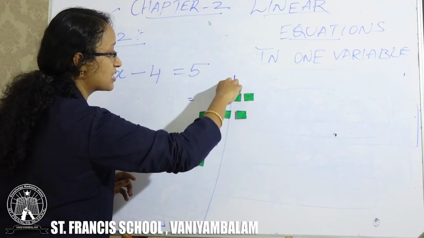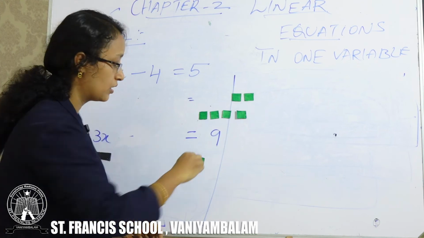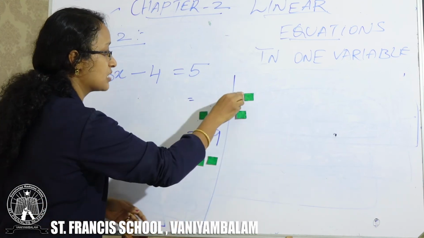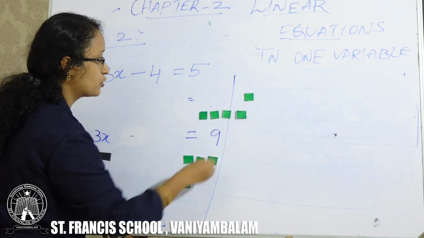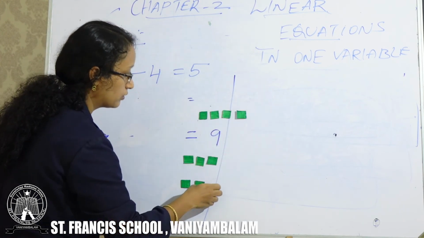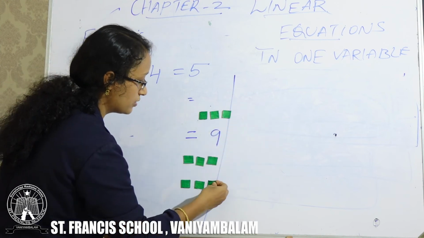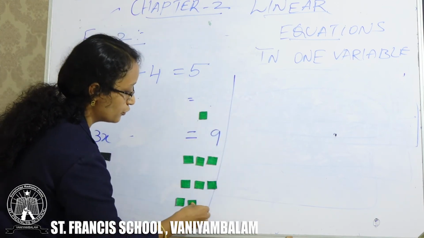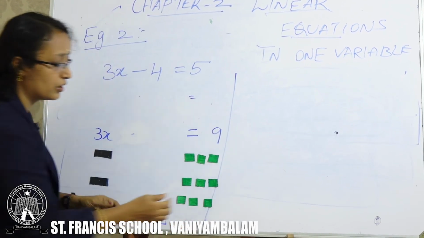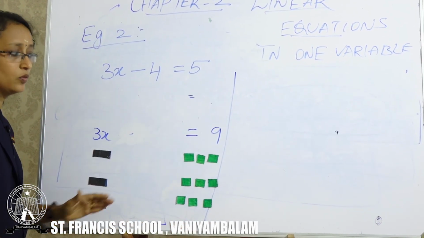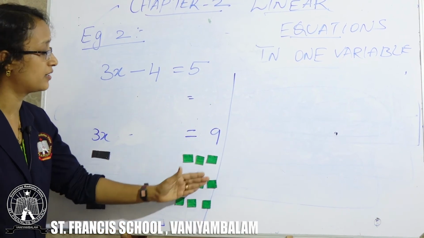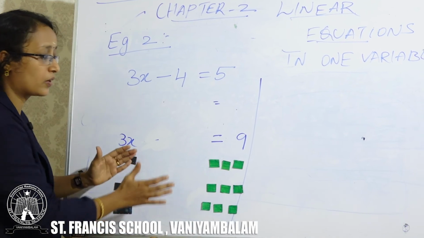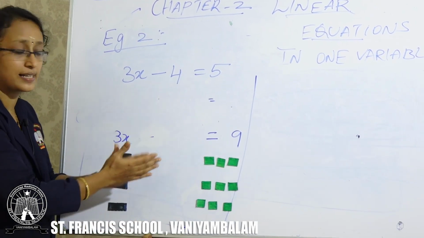How can you split this 9 into 3 groups? In each group you can give 3. So 1, 2, 3, and next 1, 2, 3, 1, 2, 3. You have 3x now and positive constant 9, and we split it into groups, right? So you can remove one set.